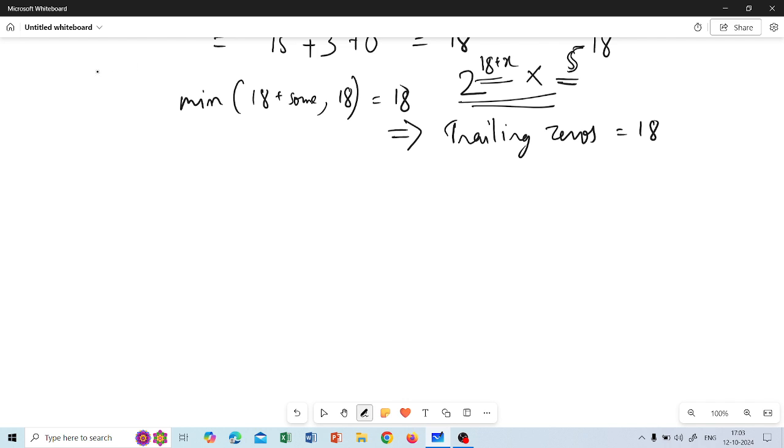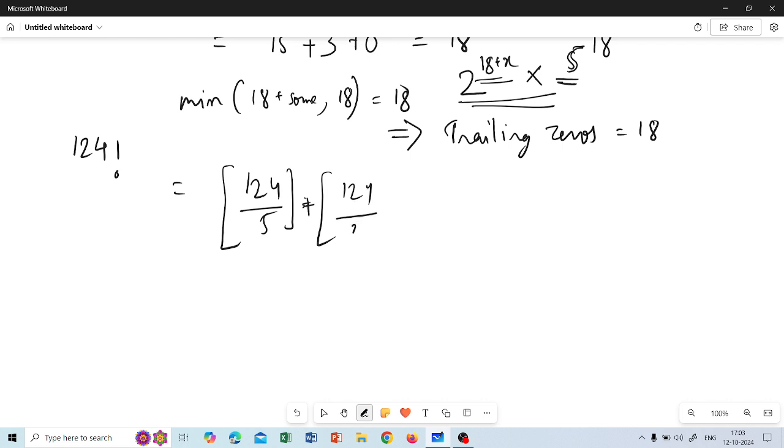I'm increasing the number, and this number is even bigger. To find the highest power of 5, I am going to write 124 by 5, plus 124 by 25, plus 124 by 125, which again turns out to be 0.